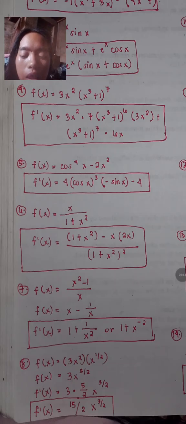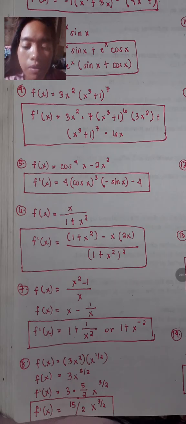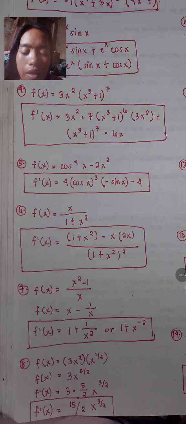So number 8, we have f of x is equal to the quantity of 3x squared times the quantity of x to the 1/2. So f of x would be 3x to the 5/2, and then f prime of x, which is the derivative, would be 3 times 5/2 x to the power of 3/2.